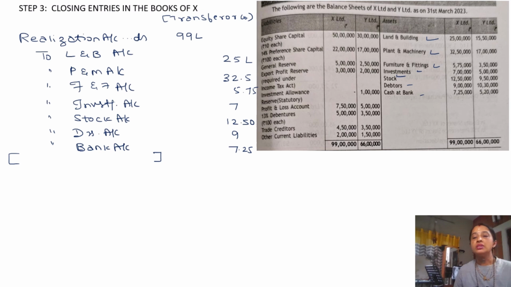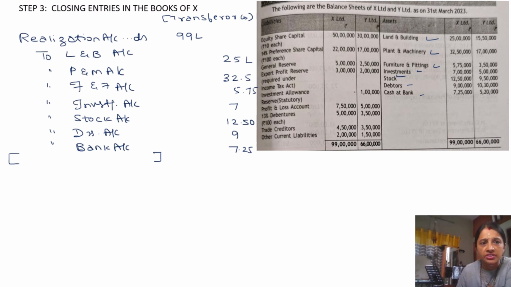But however, to make a proper distinction between amalgamation in the nature of merger and amalgamation in the nature of purchase, we make a distinction. We tell students that you have to transfer all outside liabilities and only statutory reserve if it is amalgamation in the nature of purchase. If it is amalgamation in the nature of merger, except share capital, you will transfer all the liabilities to realization account.